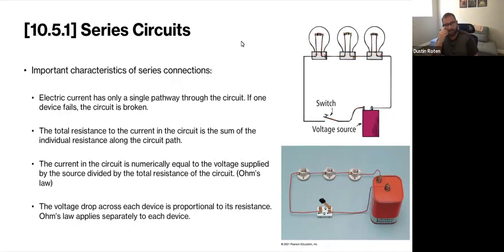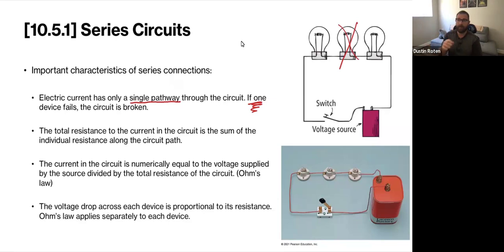The important characteristics of these series connections, and this may get a little tricky, so I will go slow. Electric current only has one pathway. We just talked about that, so that is a feature to be aware of. If any of these devices fail, so if you take out one lamp, the whole thing breaks.